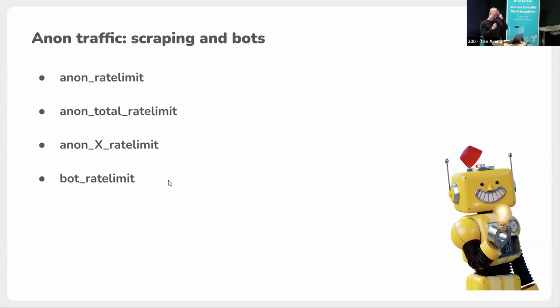So if you have some endpoint that Google wants to make a request to, but also somebody is making too many requests, you might want to have something like a bot rate limit and then detect the actual good bots. But be careful with that and do your homework on how to detect them properly, because there are a lot of people who just want to put Googlebot in the request, and if you believe them, then they're going to get some extra requests.